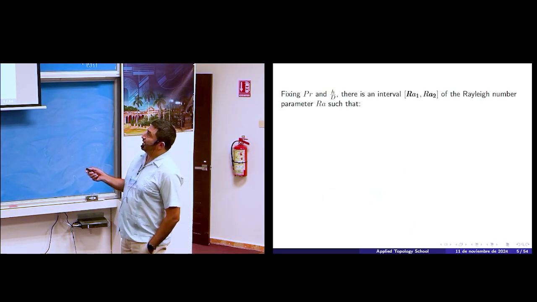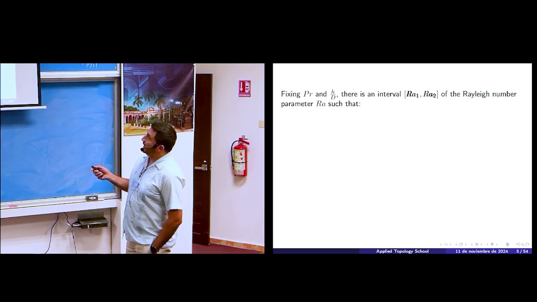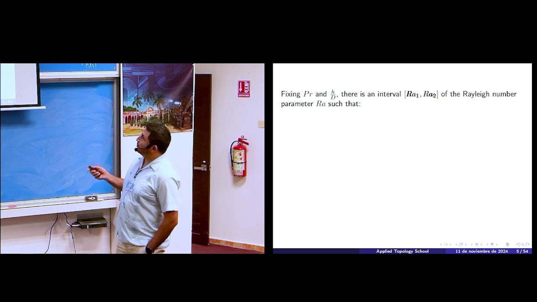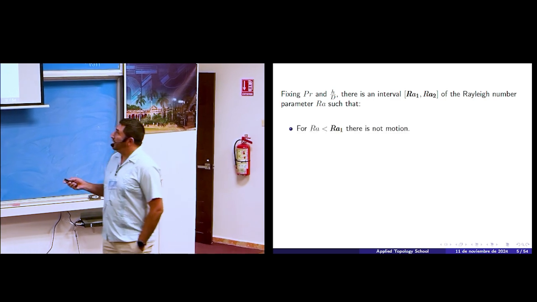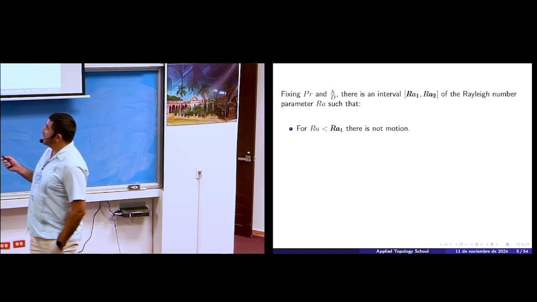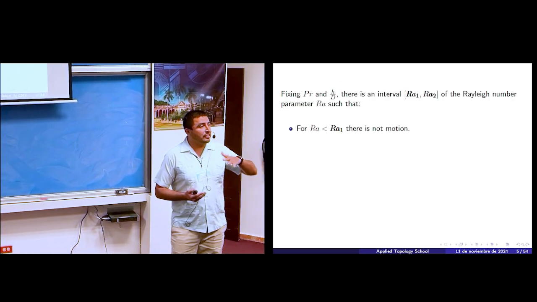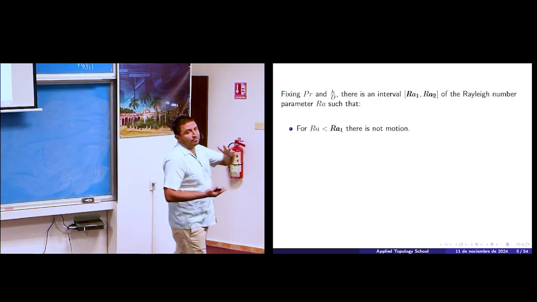Fixing the Prandtl number and the aspect ratio, there is an interval, Ri1 and Ri2, of the Rayleigh number parameter such that if the Rayleigh number is less than Ri1, there is no motion. That is because the temperature is not enough to begin the motion.